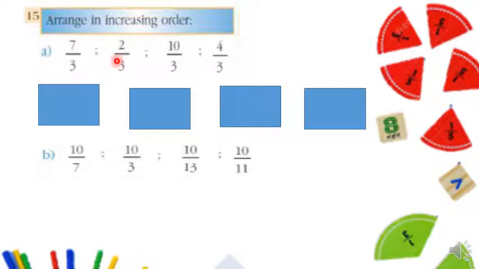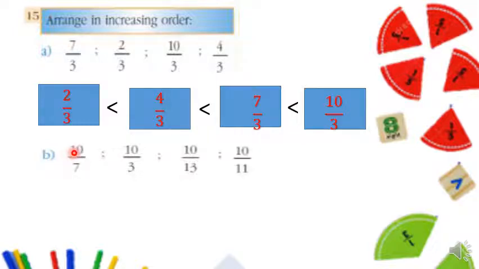So the smallest one is 2 over 3, then 4 over 3, then 7 over 3, then 10 over 3. And don't forget to put the symbols. 2 over 3 is less than 4 over 3 is less than 7 over 3 is less than 10 over 3.